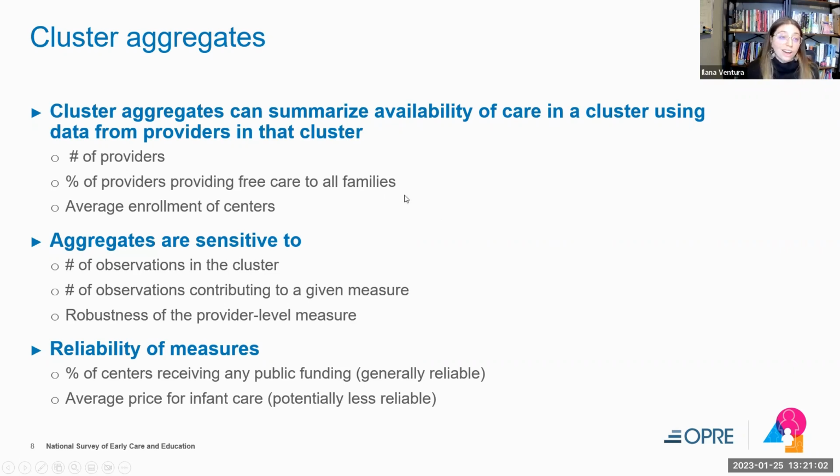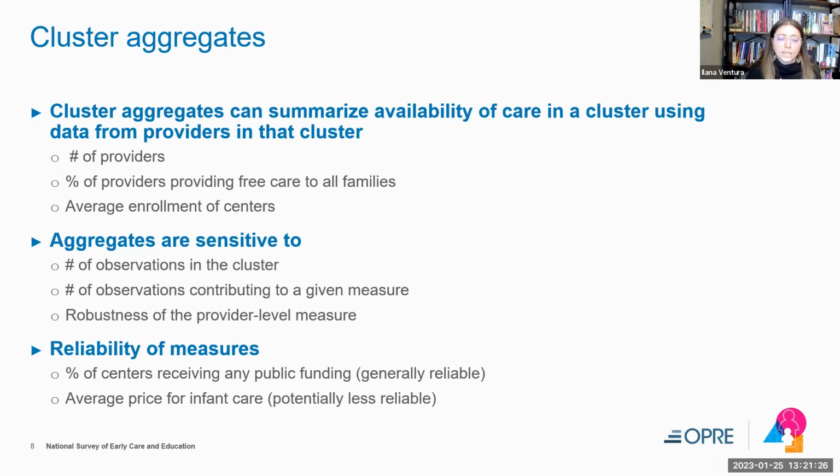If we don't have a lot of provider sample, we have to be considerate of our estimates. So, taking all this into account, these aggregates can be sensitive to the number of observations in the cluster, and also importantly, the number of observations contributing to a specific measure.